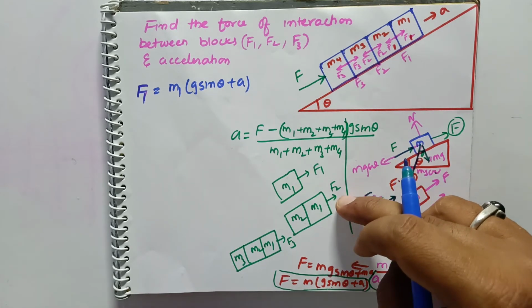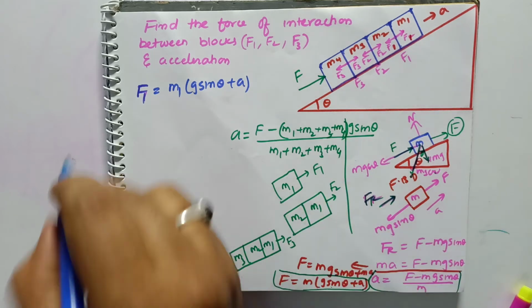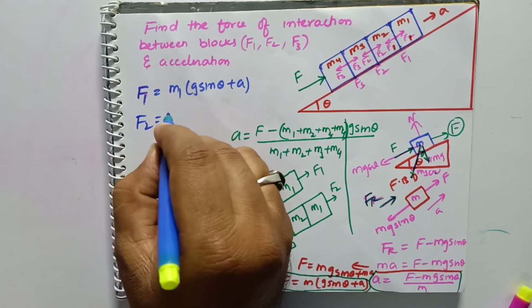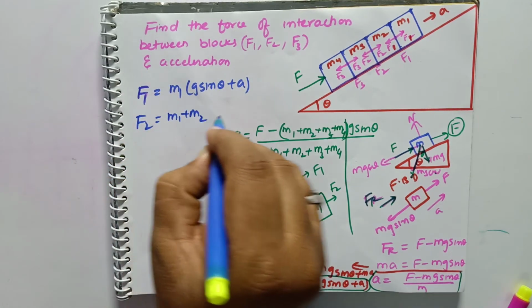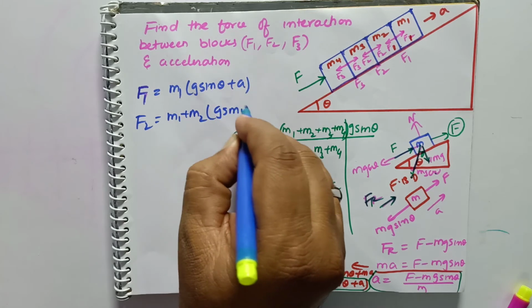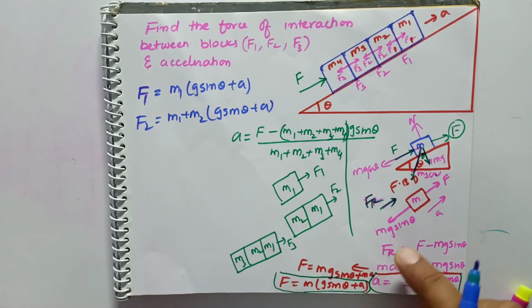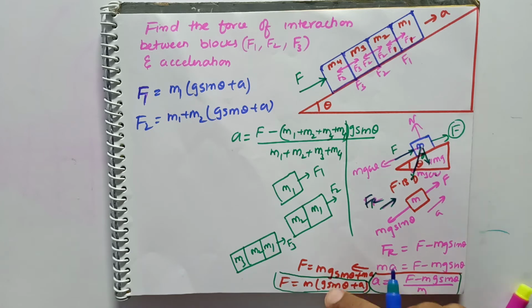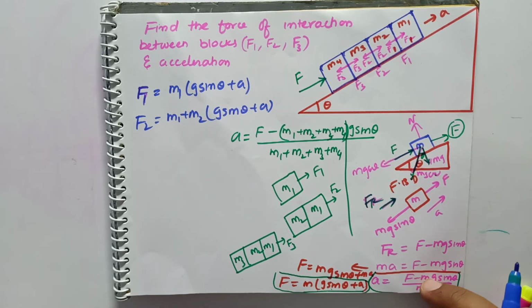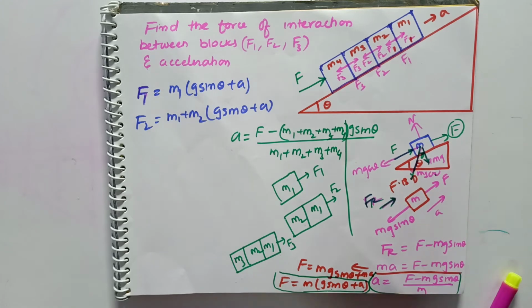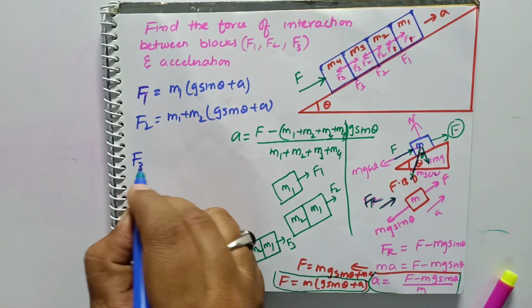But when you consider f2 here, both the masses are taken. So f2 can be considered as m1 plus m2 times g sine theta plus a. This is completely based on the basic formula for a single block. Then how much will you get for f3?